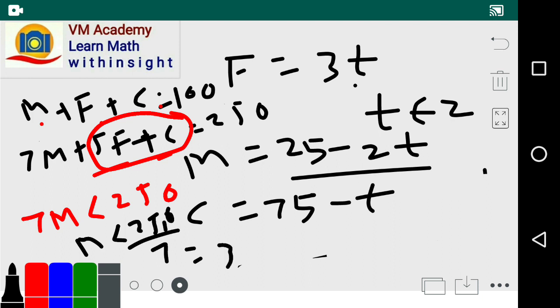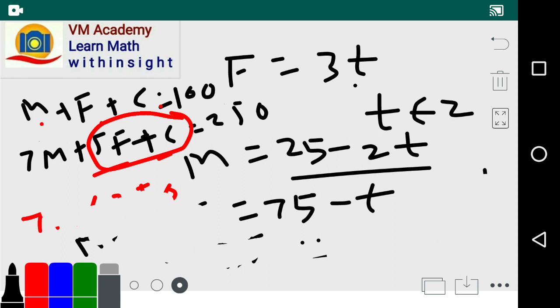3 plus some fraction, which means the maximum value of m can be 35. So m must be less than or equal to 35.